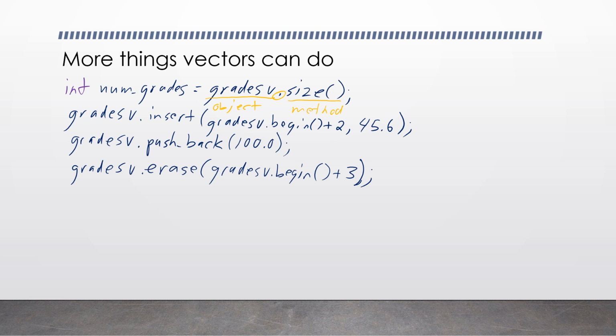And finally, this time, if I want to call my average function, I can send grades_v by itself.